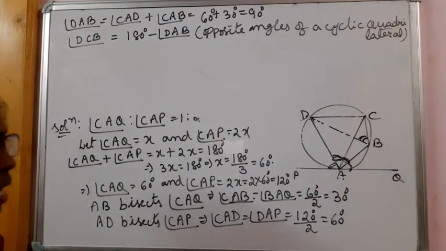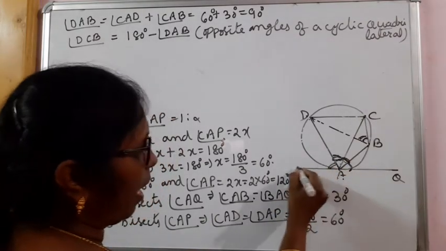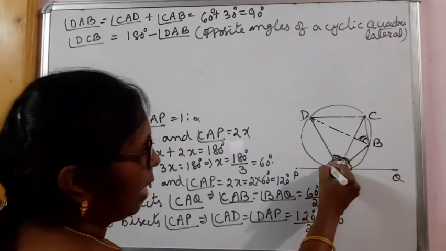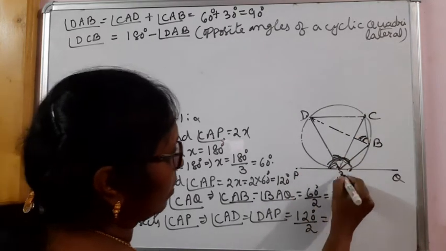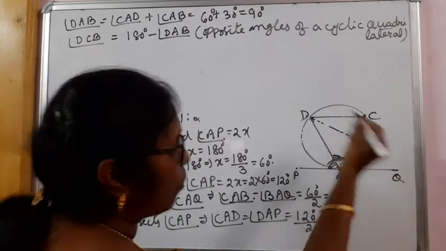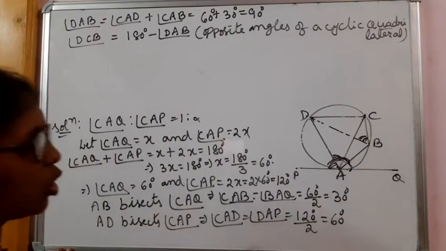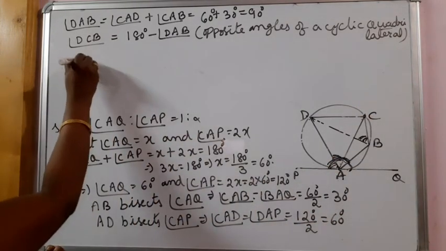That is one way. Other way, we can see angle CAP is the angle between the tangent and the chord, and angle ABC is the angle in the opposite segment. That way also we can find. Angle CAP we already got as 120 degrees.